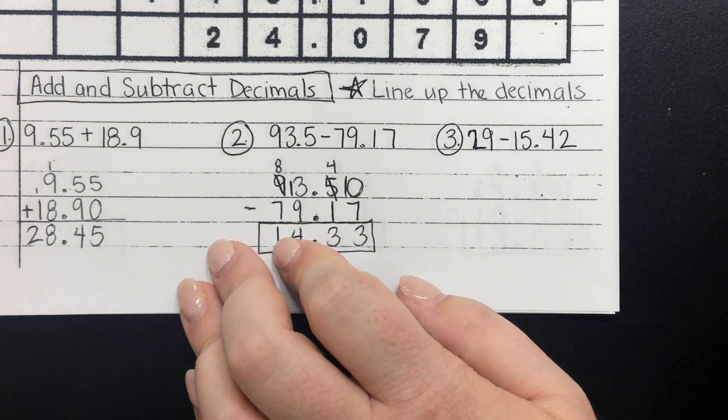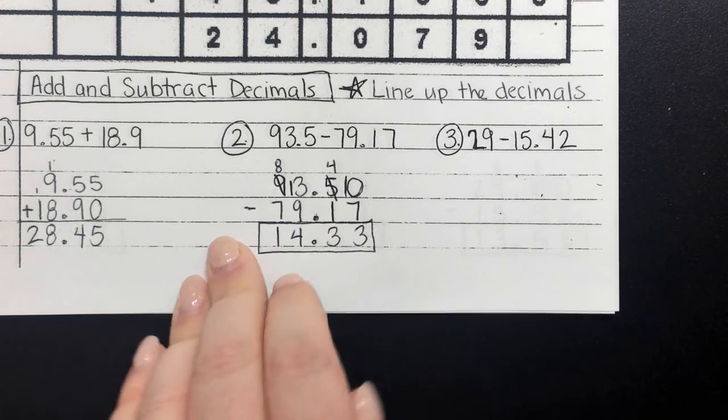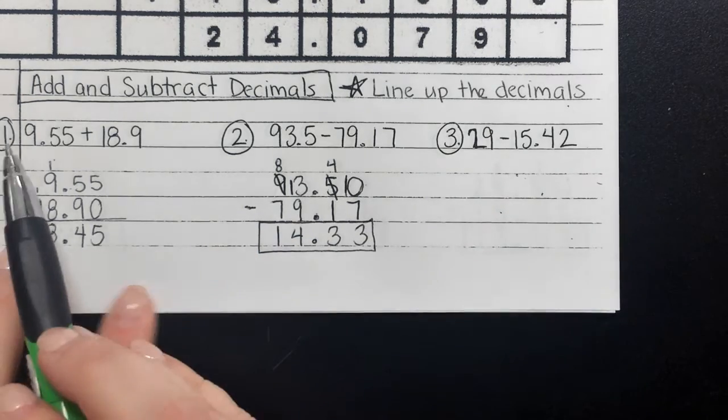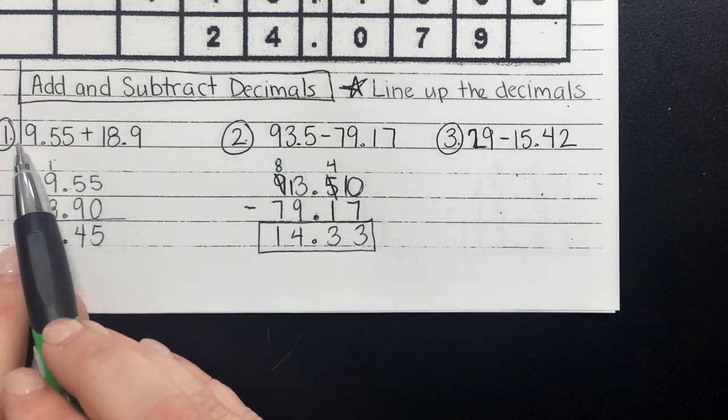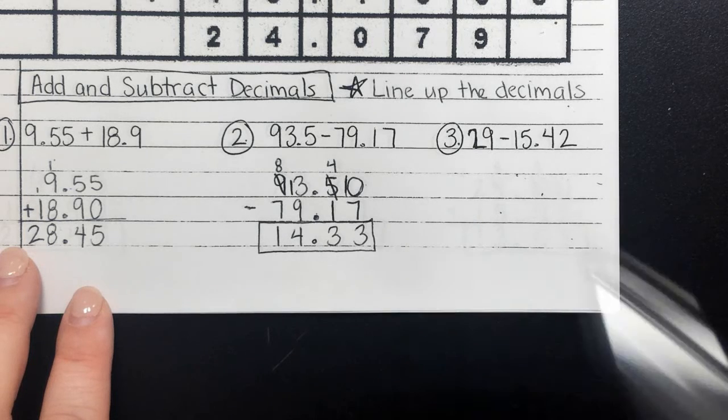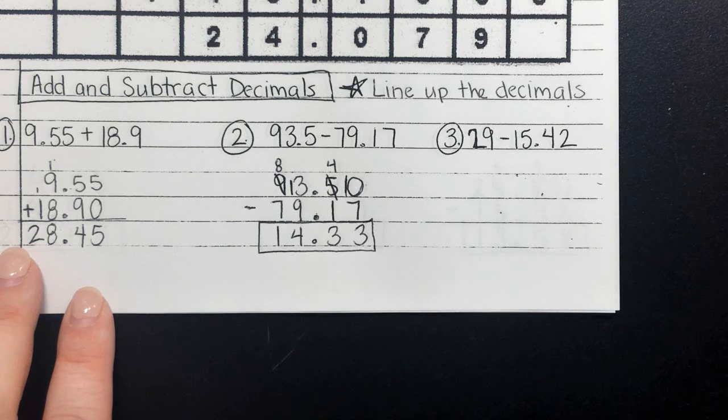I want you to think about something because I have some people all the time, they forget where the decimal goes. Does it go in front? Does it go behind? When you're numbering your paper, you put 1 dot, 2 dot, 3 dot, 4 dot, 5 dot. What is that dot that you're putting? You're putting a decimal. Did you ever think of it as a decimal? Probably not. You're just like, period.